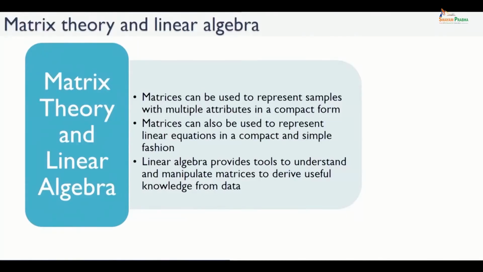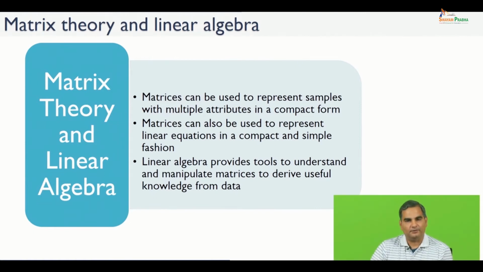Now there are many ways in which you can organize data. Matrix provides you a convenient way of organizing this data. So if you are an engineer and you are looking at data for multiple variables at multiple times, how do you put this data together in a format that can be used later is what a matrix is helpful for.